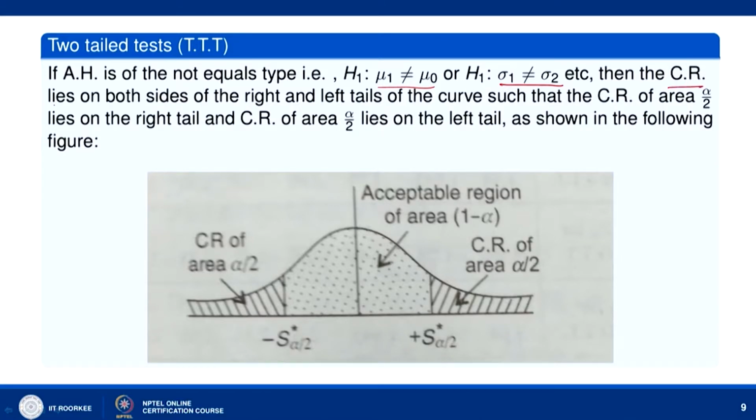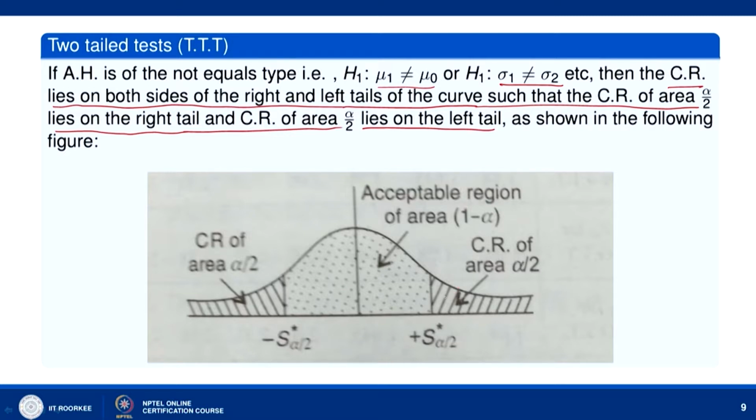Then the critical region lies on both sides, the right and left tails of the curve, such that the critical region of area alpha by 2 lies on the right tail and the critical region of area alpha by 2 lies on the left tail, because this is a curve symmetric with respect to the y axis. So half of the area lies on one side, half lies on the other side.